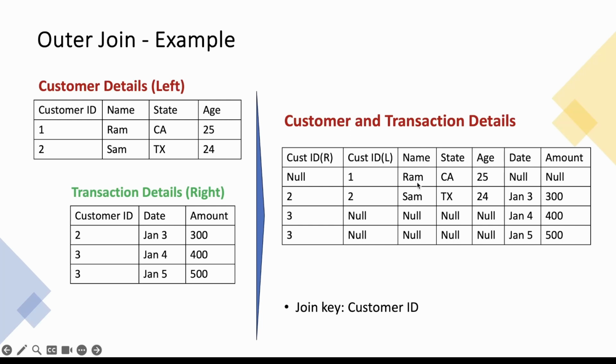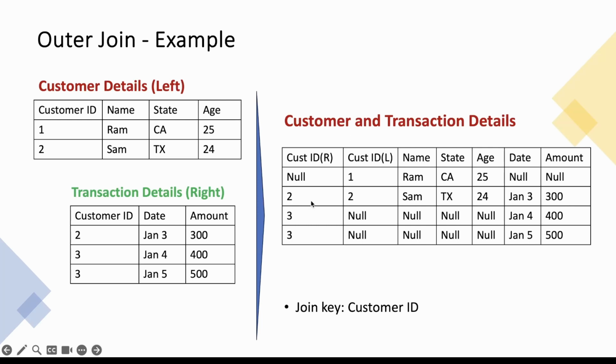So you can see you have RAM, CA and 25, but you don't have any information for date and amount because on the right hand side, you don't have any information. Now you can see that even though information is missing, the table structure remains exactly the same. So it doesn't matter whether you have the information available or not, there won't be any kind of impact on the table structure. For the second customer, which is customer ID 2, you have details coming from both the tables and that's why all the variables are populated.